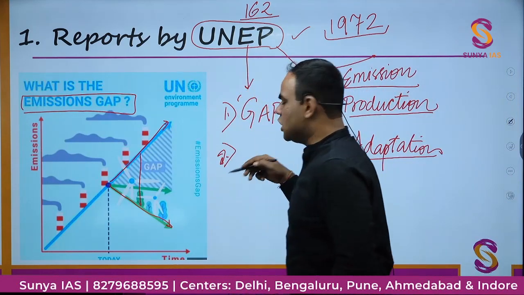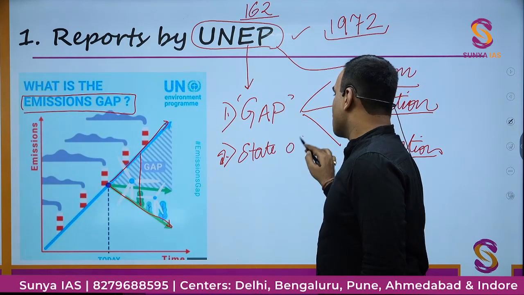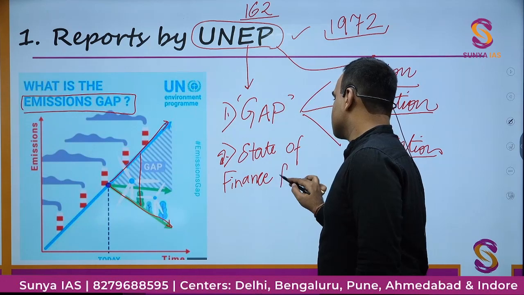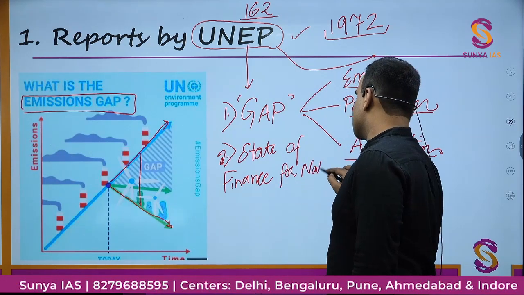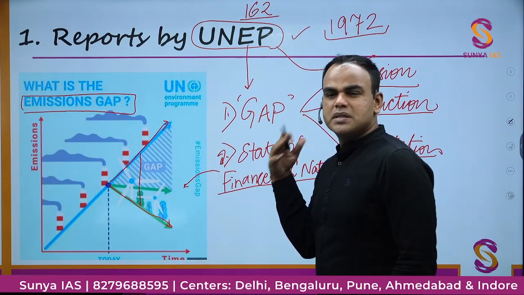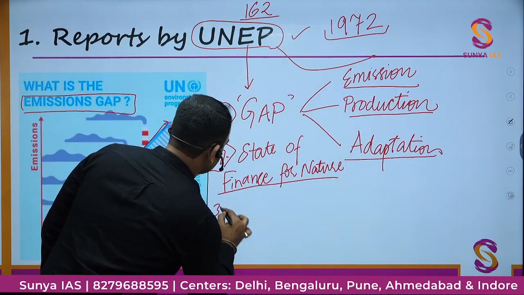Then a newer report which I'll also tell you about, the State of Finance for Nature report. Now this is not just by the UN, it also has other agencies which we'll see in the next slide, but you should also remember this one. So 4 reports so far.